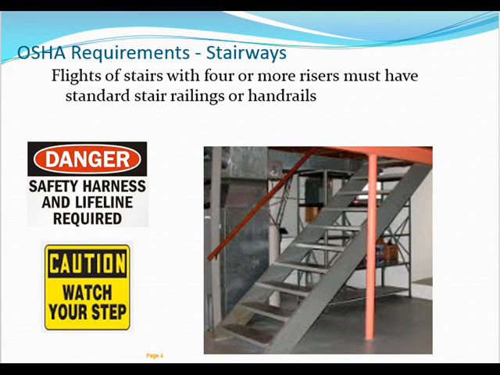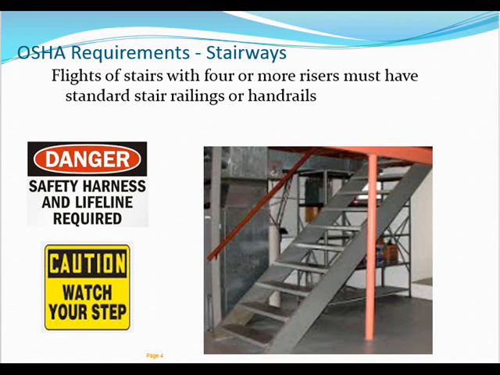OSHA requirements: stairways. Flights of stairs with 4 or more risers must have standard stair railings or handrails. Stairways with more than 4 risers or less than 44 inches wide must be equipped with standard stair railing handles as follows. Must have at least one handrail, preferably right side descending, or both sides enclosed.